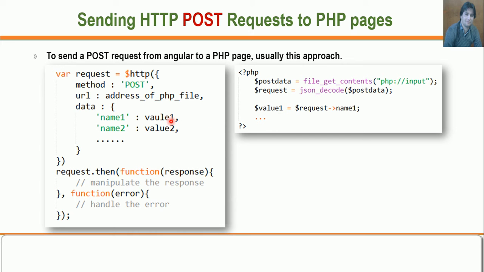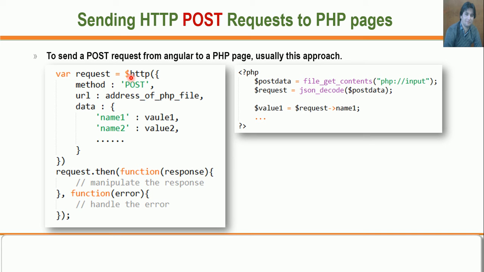Okay, now we describe the Angular code. First of all, we create an HTTP variable here as request. HTTP is a service. We need to pass an array to the HTTP function or service.